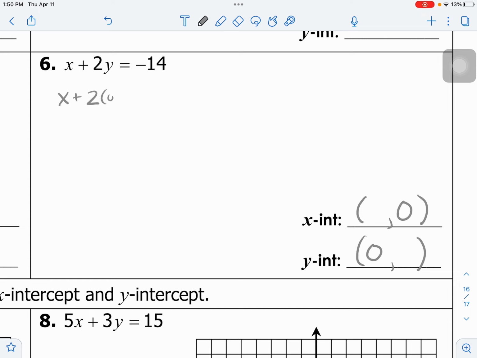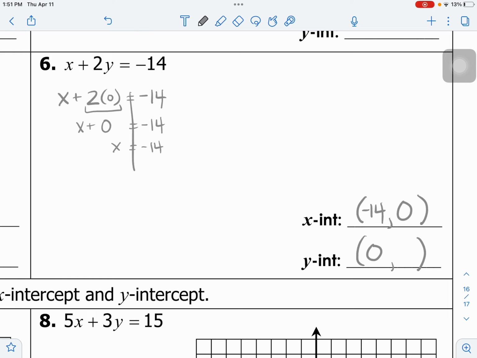X plus 2 times 0 equals -14. You could say x plus 0 equals -14, but we really don't need to say plus 0. So with this one, we're actually done already. X is -14. So this line crosses the x-axis way on the left at -14.